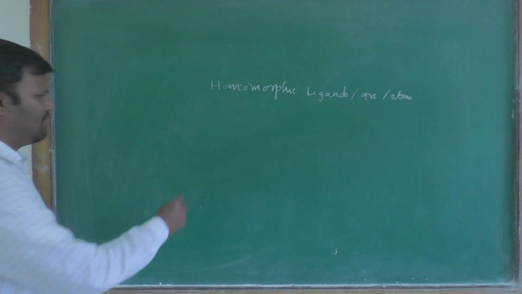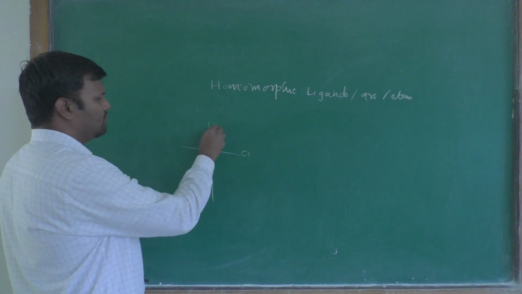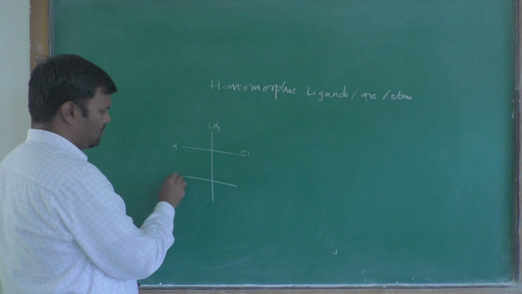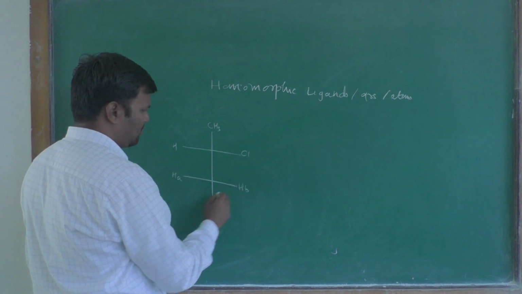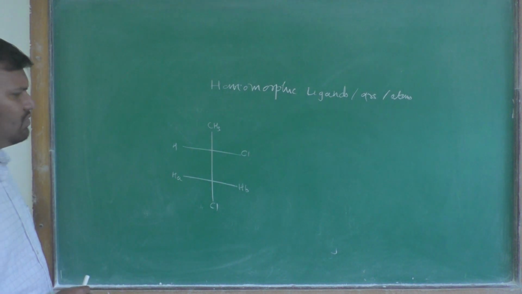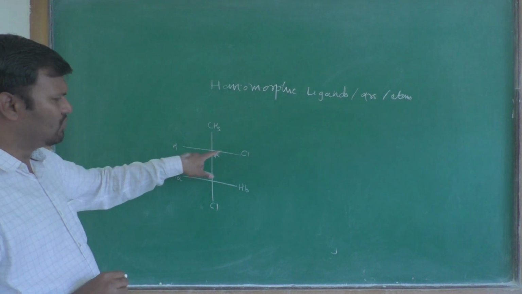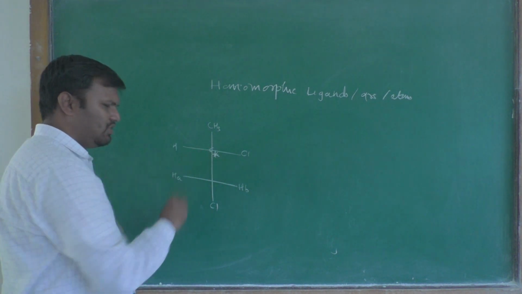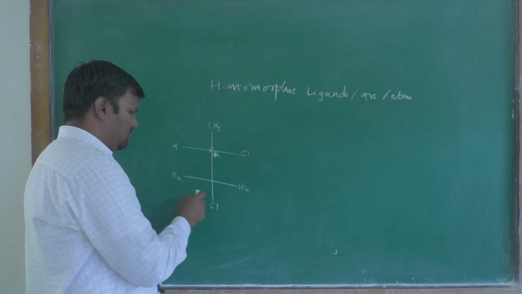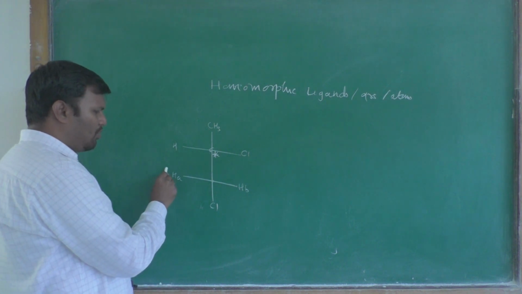Again, we have one more example. Okay, that center is a stereo center. Stereo center means four different groups are attached to that carbon. That's a stereo center. And the second one is not a stereo center, but it has homomorphic protons.